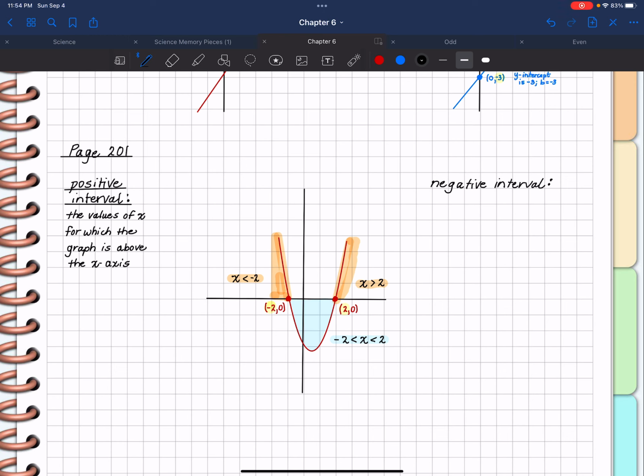A negative interval is the values of x for which the graph, that's the red line, is below the x-axis.